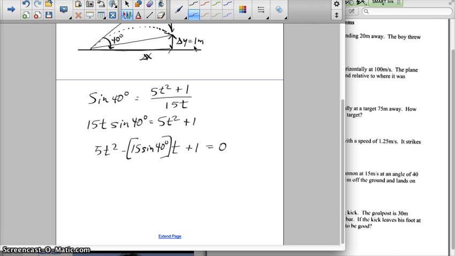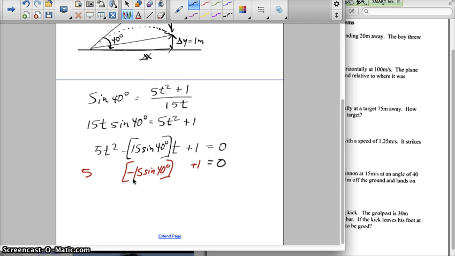So let me rewrite this. So I got 5 here is my a coefficient. Our b term looks like negative 15 sine 40. That's our b term. And plus 1 looks like our c term.